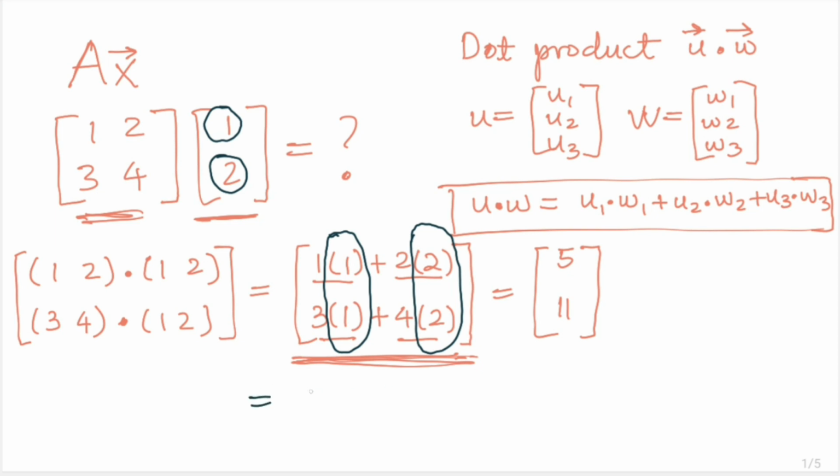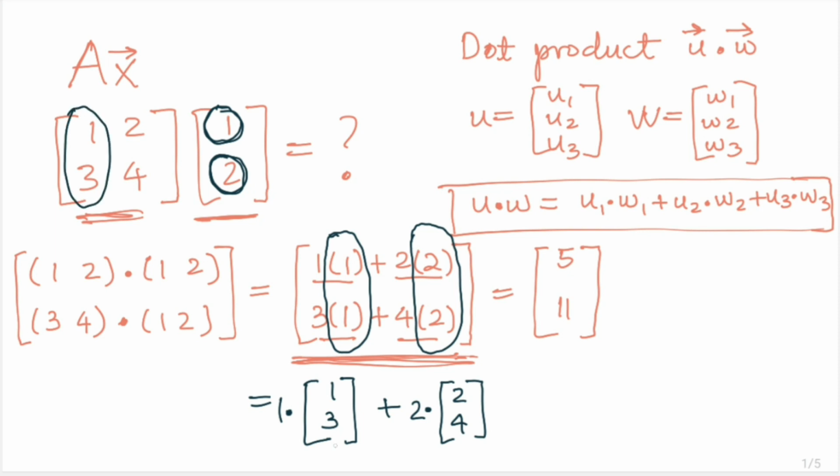So we could have written this. Here we have the vector 1, 3 multiplied by 1, and then we have the vector 2, 4 multiplied by 2. So not only do we have this 1 and this 2, we also have this 1, 3 over here, and we have this 2, 4 over here.